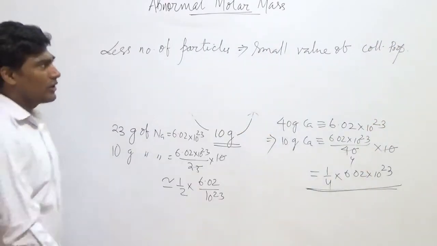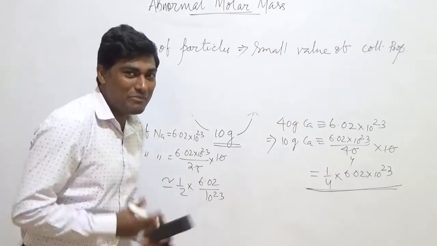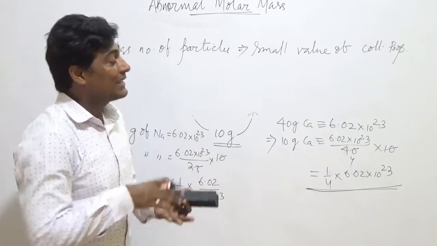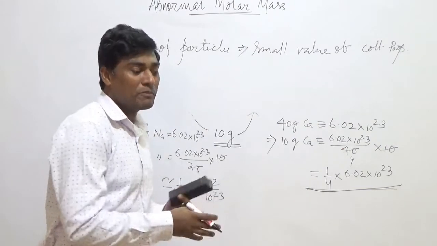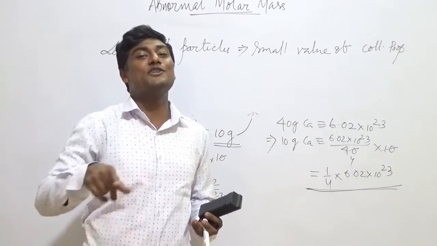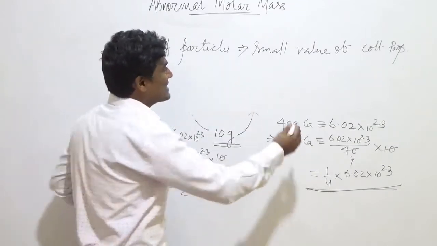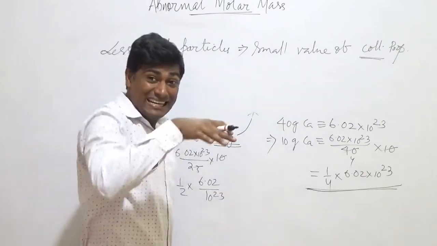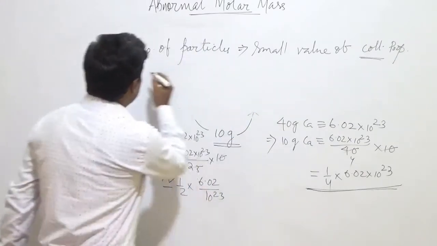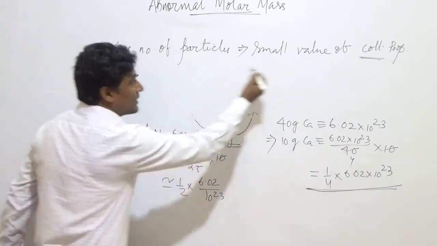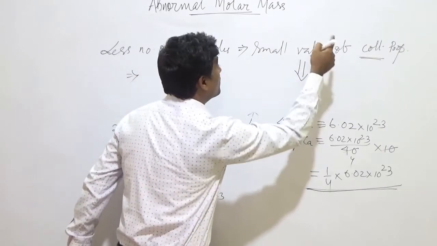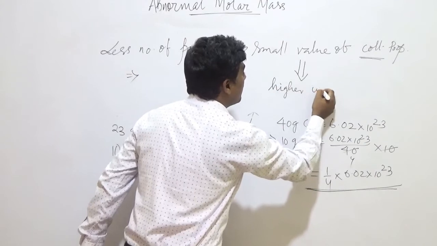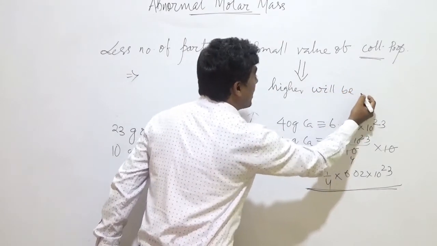Small colligative property means the molecular mass will be larger than expected, because we have already said that colligative property and molecular mass are inversely proportional. In case the colligative property is smaller than expected, it implies that the molecular mass will be higher.